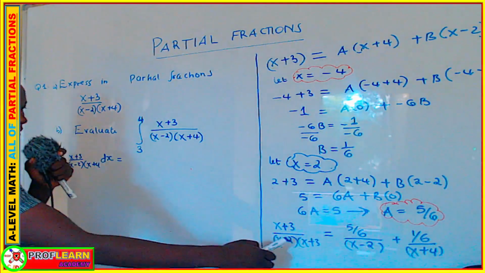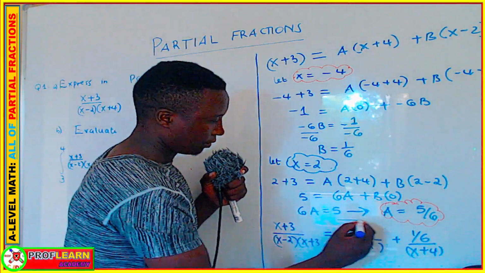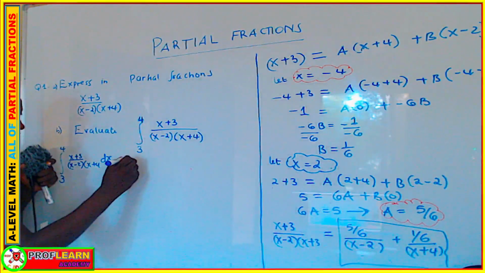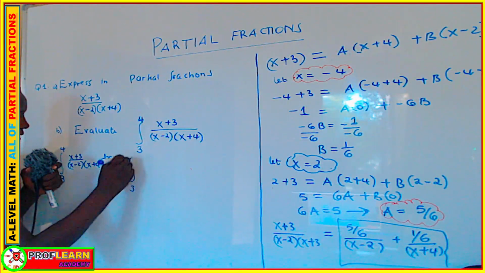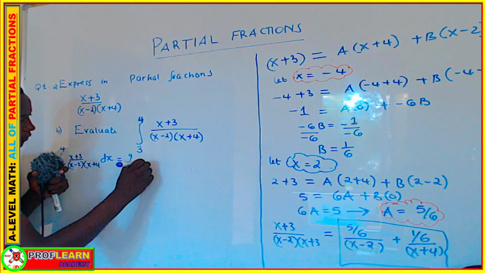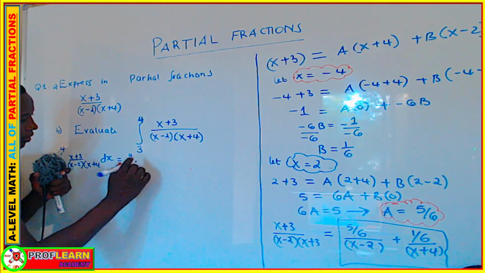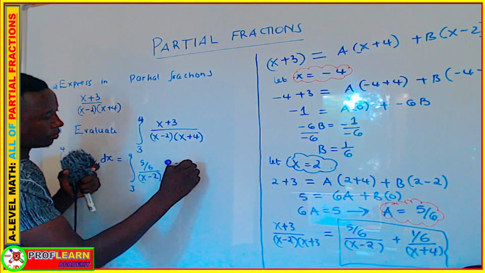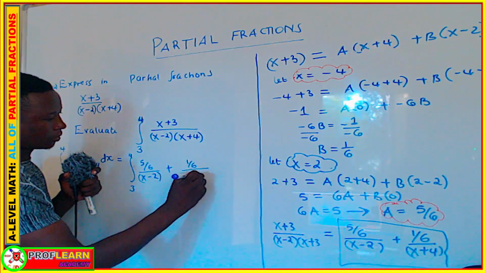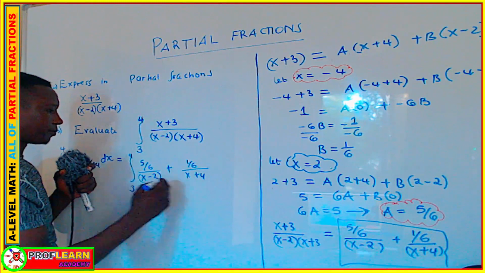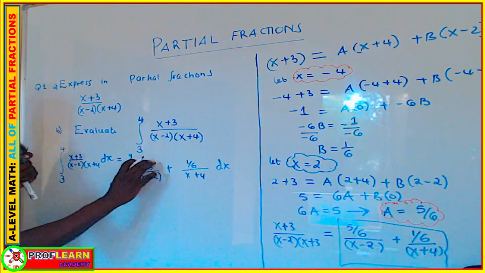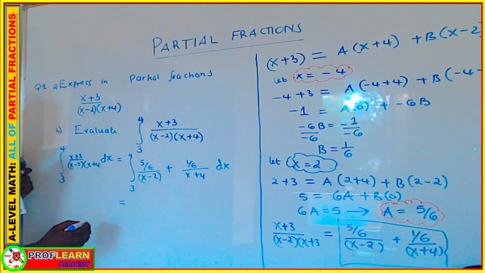We write the partial fraction that we have formed, because it is more simplified, so we integrate 5 over 6 over x minus 2 plus 1 over 6 over x plus 4 with respect to x.